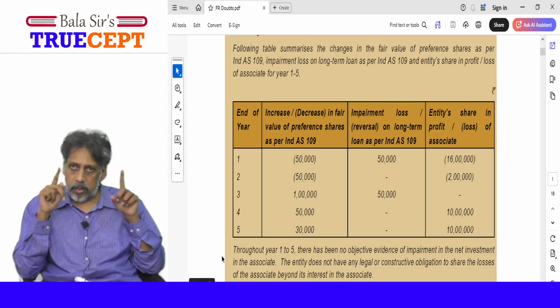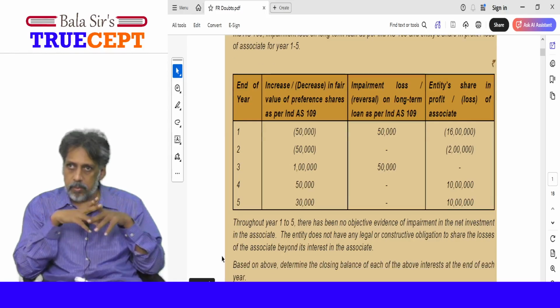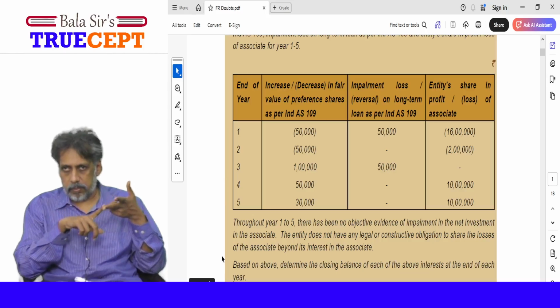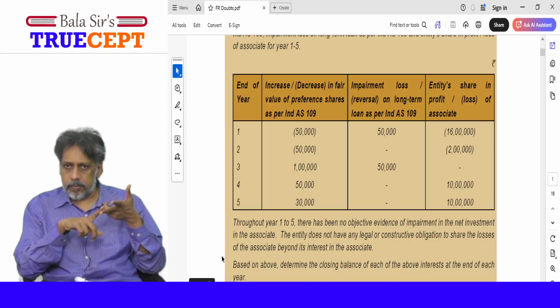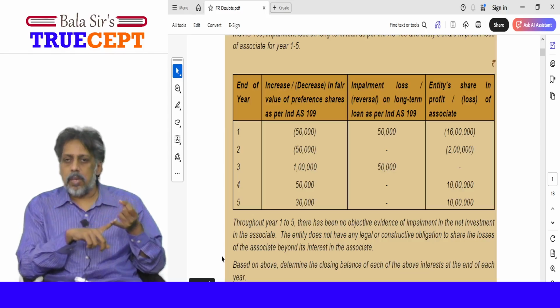Now, have they shown increase or decrease? Any decrease is in brackets. Decrease in brackets, and then impairment loss and reversal in brackets, and entity's share of loss in brackets. So year end 1. 50,000 negative under increase or decrease in fair value of preference shares.